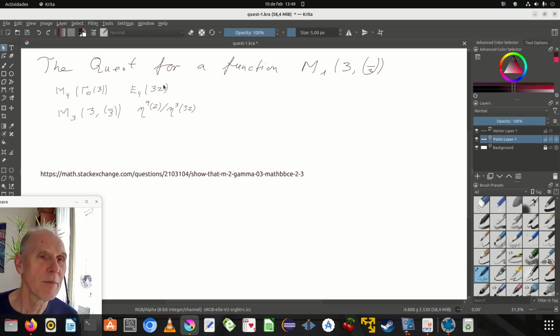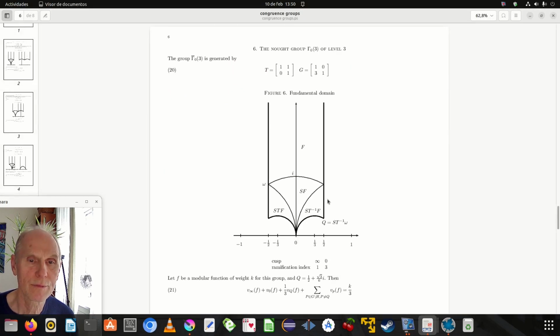So could we combine them, like divide them? This one has a 0 at omega. E4 has a 0 at omega, so that's 3z equals omega. And that lies here. So that's a 0 in its own right.